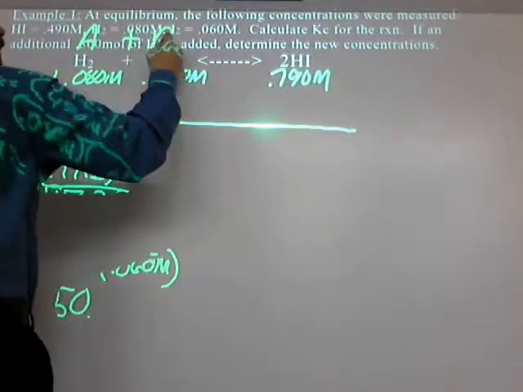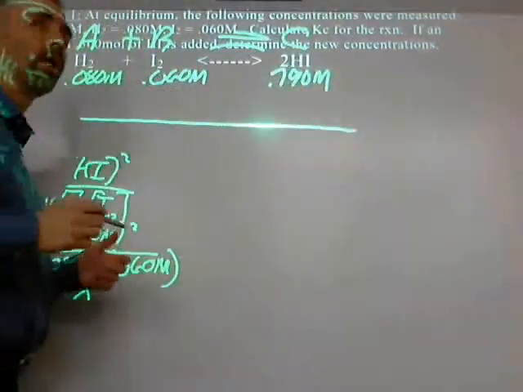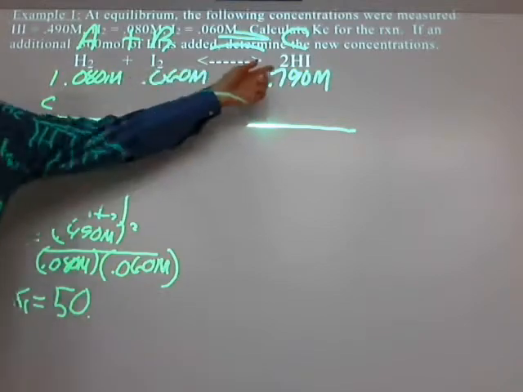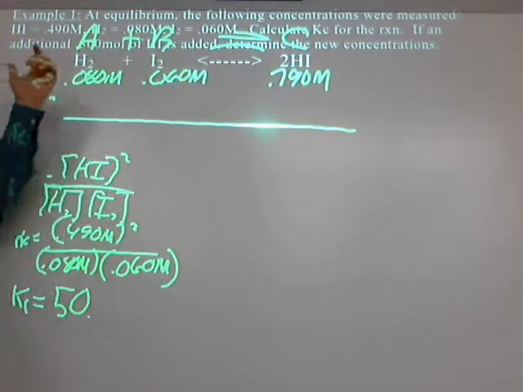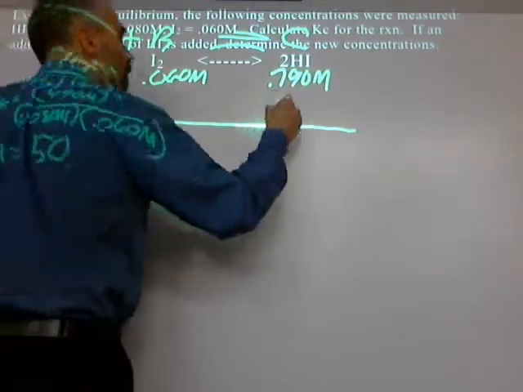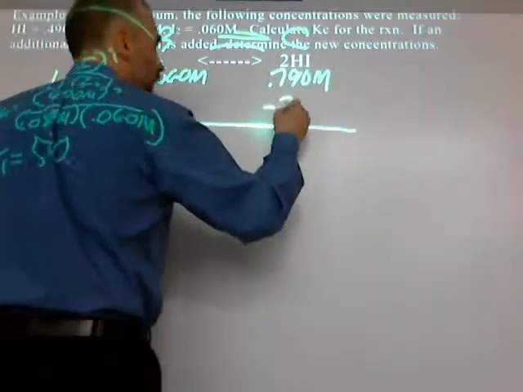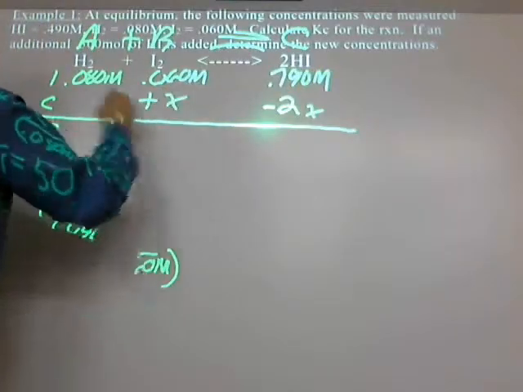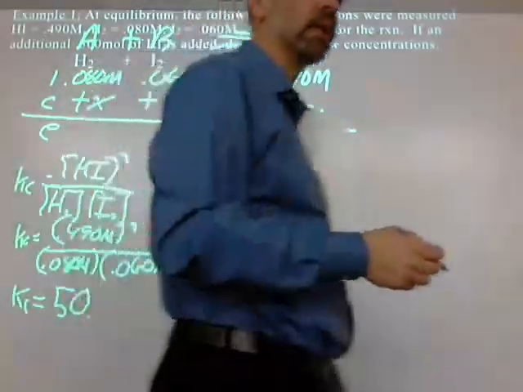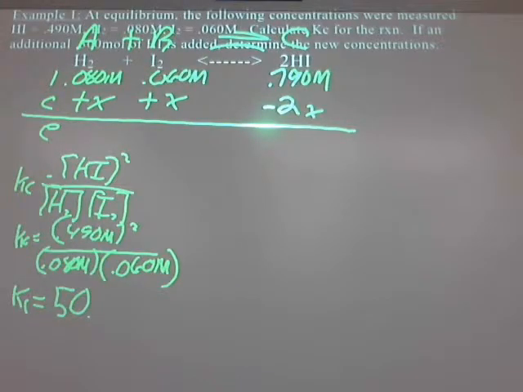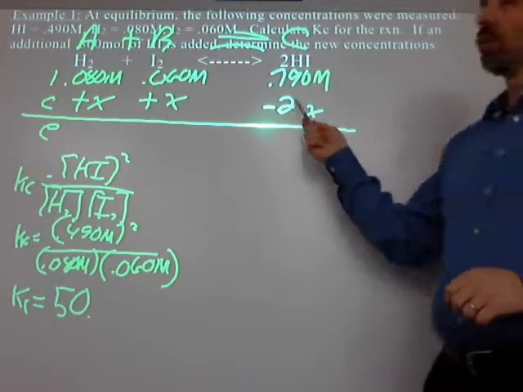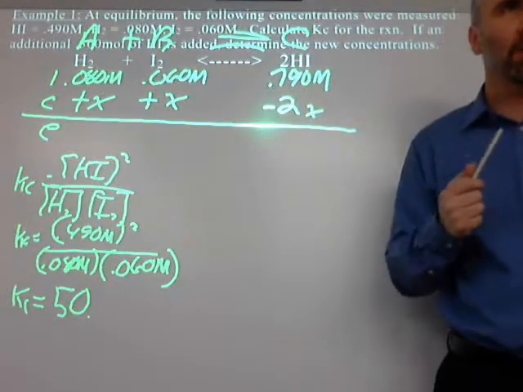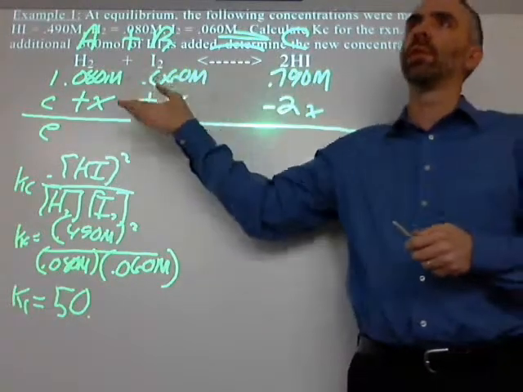A plus B yields C. Which way is this going to go if I added HI? Reverse, right? So I know it's going to go minus 2x, plus x and plus x. Exactly. Now that's where Le Chatelier's principle comes in. Again, some people are out there thinking it's always going to be minus on this side and plus on that side.